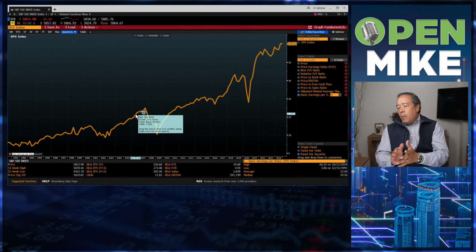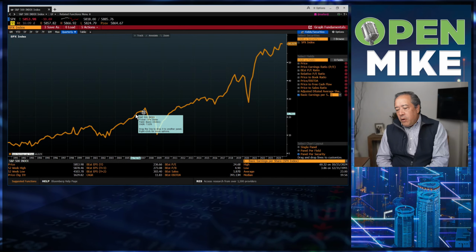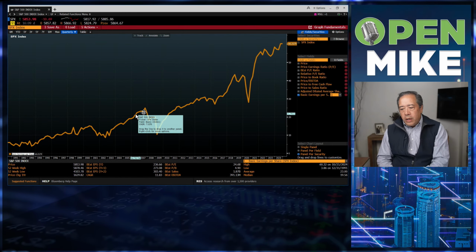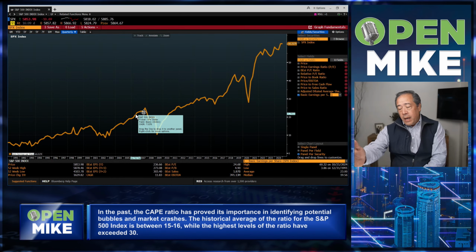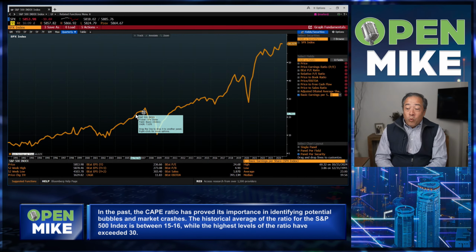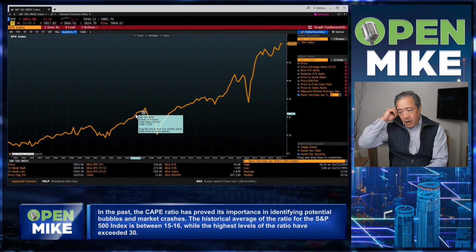Okay, so one of the things that happens, of course, is that if you have a huge pullback in earnings, and we did have one within the last 10 years, the one during the pandemic, as you can see, those really big drawdowns are going to have an outsized effect. That's not normal business cycle kind of stuff, right?